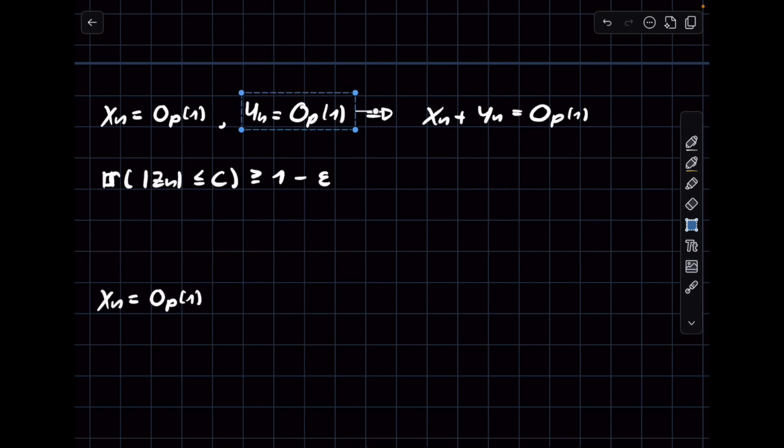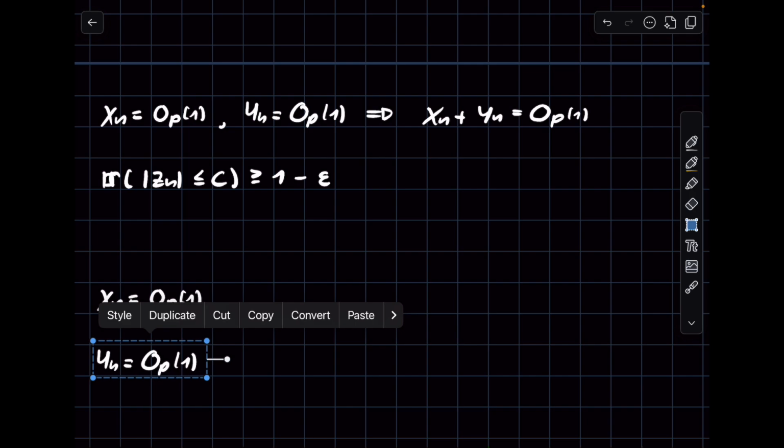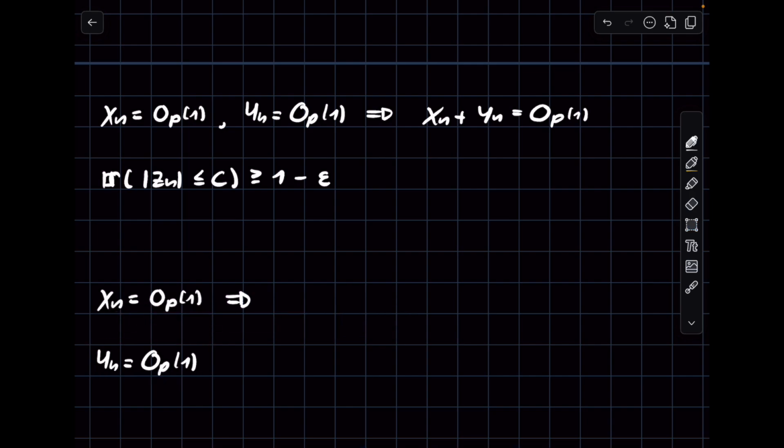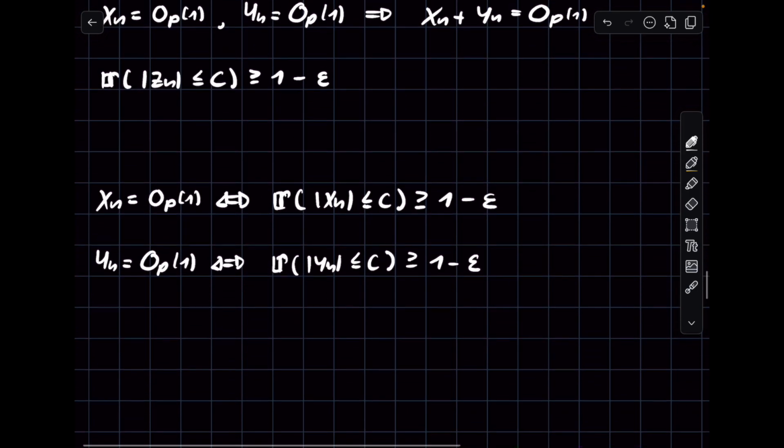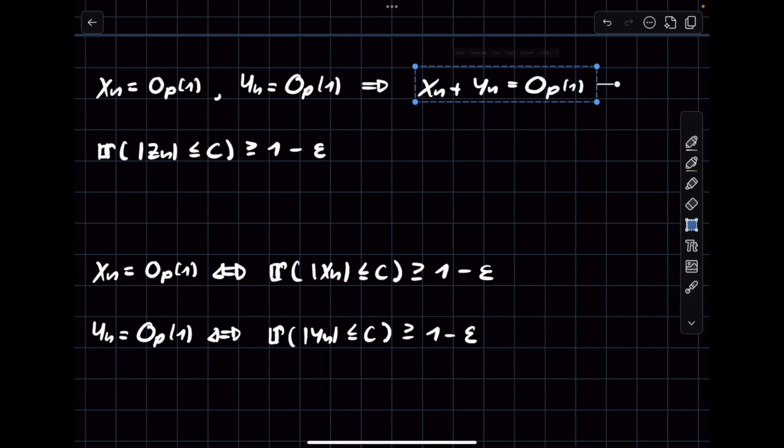We duplicate this, which is equivalent to saying that the probability of x of n being bounded by c is at least 1 minus epsilon, and the probability of y of n being bounded by c is at least 1 minus epsilon. All good.